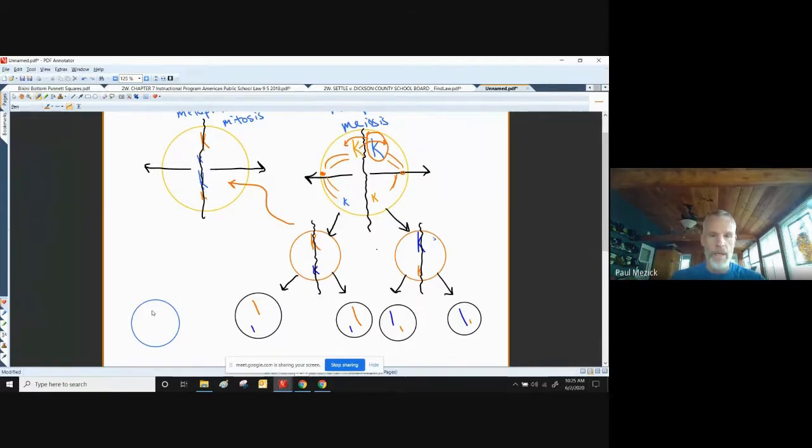That would make this side here a long blue and a small blue. And then both of these on this side would be a long orange and a small orange. So now if this is the mom's egg and that's the sperm and they get together, then you're going to end up with a child that's going to have one blue and one orange.